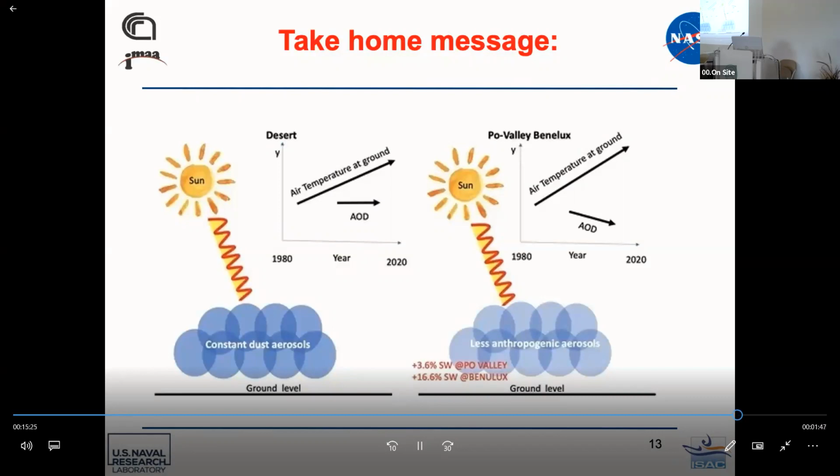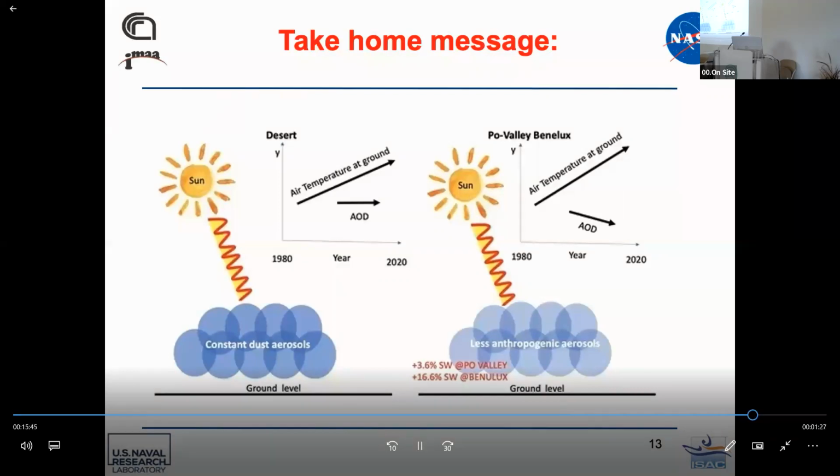This is weird because the AOD is almost the same and the temperature at ground is constant, while in the Po Valley and in Benelux we have again an increase in the air temperature at ground, but we have a decrease in aerosol optical depth.